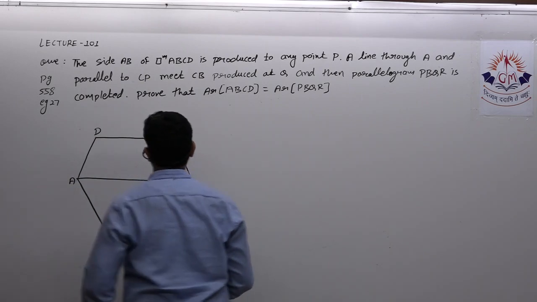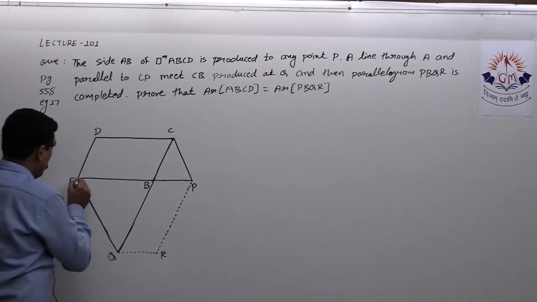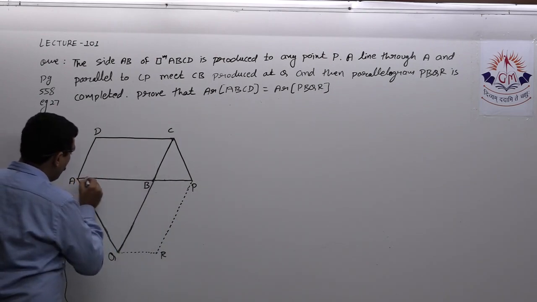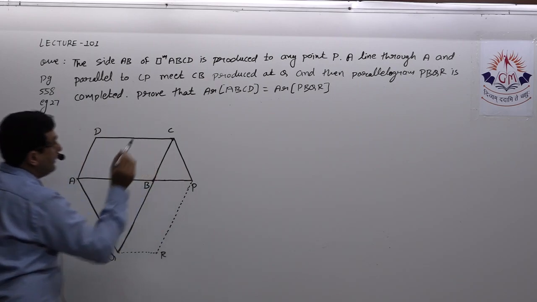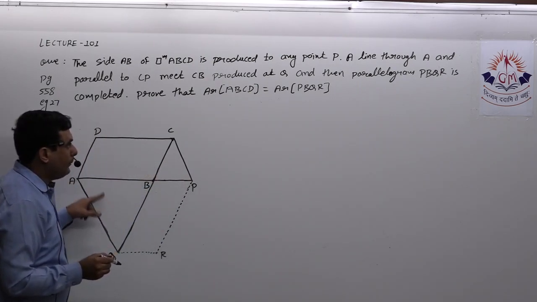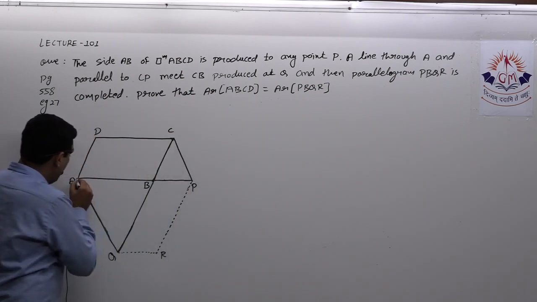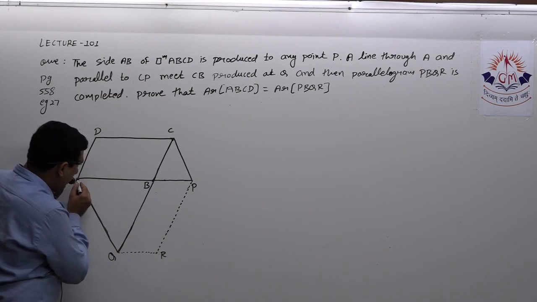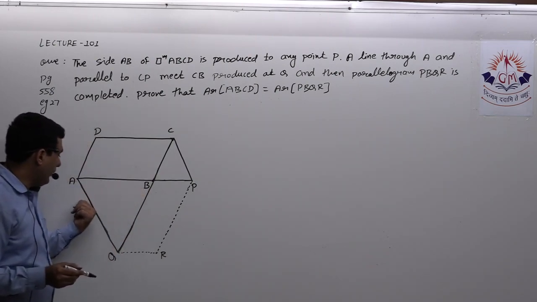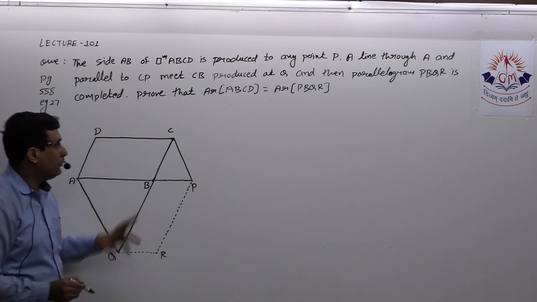The side AB of a parallelogram ABCD is produced. So this is the parallelogram ABCD. Its side AB is produced to a point P. Now, a line is drawn through A parallel to CP. So first I will join CP and then I will get a line in this way. Now this line which is drawn parallel to CP through A, it meets CB produced at point Q.